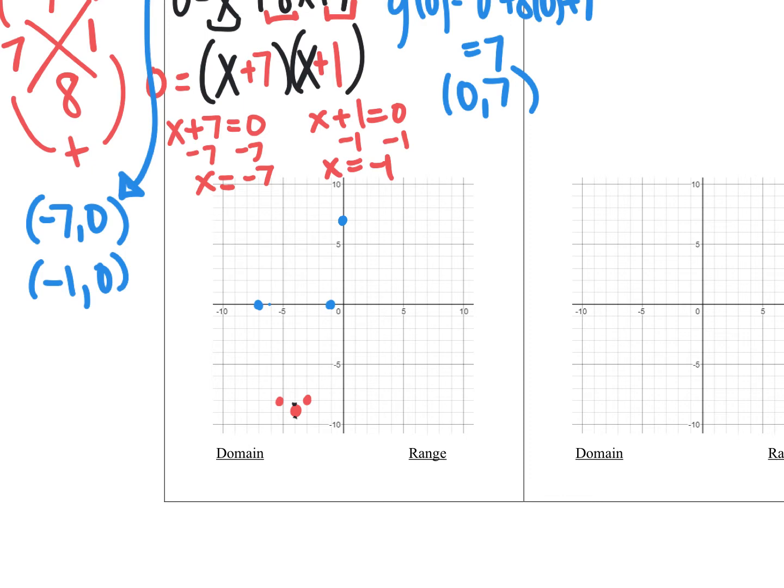So again, based off of symmetry, I can find the other point on the left side, and then I connect the dots, and I have this quadratic, which has domain negative infinity to infinity. There's no restrictions or anything. And the range, the lowest point, the minimum, is negative 9. And it's going to come up forever.